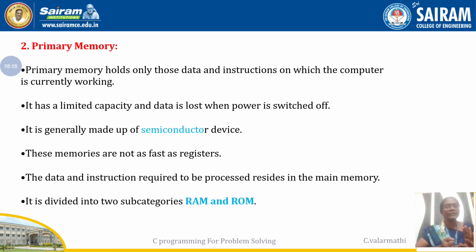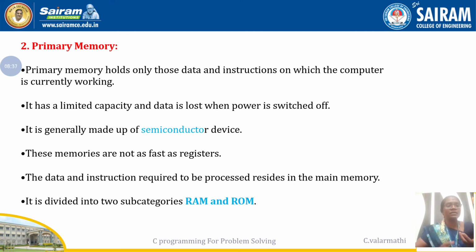So at that time, this primary memory will hold only those data and instructions on which the computer is currently working. It has limited capacity, and data is lost when the power is switched off, because primary memory is enabled only when the application is running. That time only it will be working. So it has a limited capacity, and data will be lost when the power is switched off.